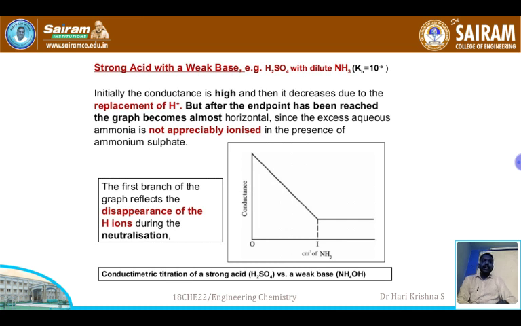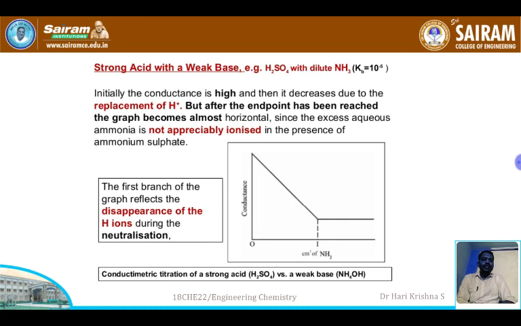Later, the extra added NH4OH, ammonium hydroxide, will split to give you NH4 plus and OH minus ions. But this ammonia will not completely ionize because it is a weak base. It will partially dissociate. Since it partially dissociates, there will be no change in conductance, and the conductance will remain constant.